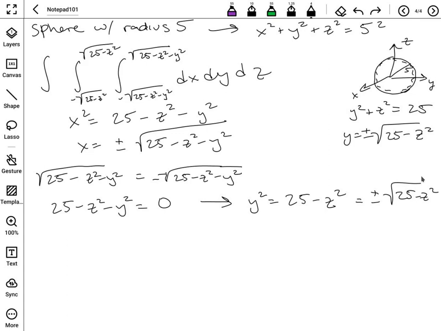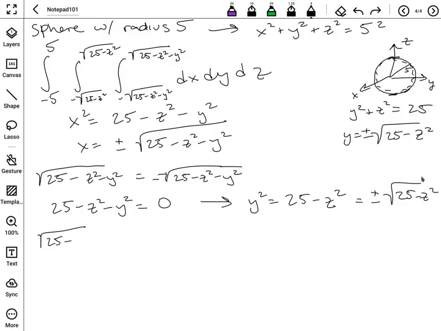Okay. Because z is outside y, it's allowed to be in my bounds for y, and I see it here, but I don't see x, which isn't allowed because it came before. So things are looking good so far. I haven't messed up the order that my integral is allowed to be set up. And then for my last bounds in z, I could just look at my picture and see that the circle with radius 5 must be bounded below by minus 5 and above by 5 because that's the radius. Or if in doubt, I set my two bounds equal.